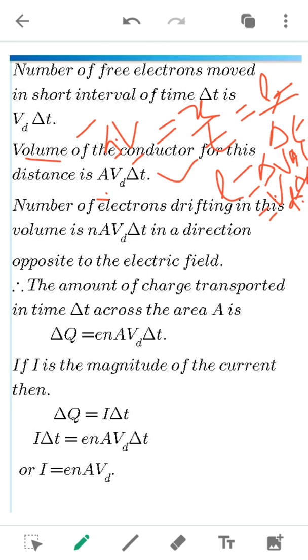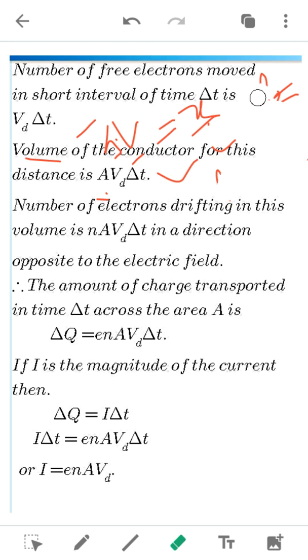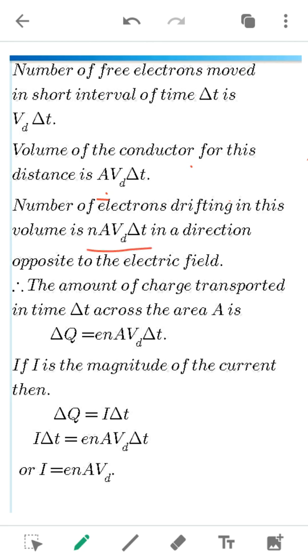Now that we have the volume of the conductor, let us see how many charges will be moving in this volume. When we multiply the volume with n, we will get the number of free electrons drifting in the volume, so n A Vd delta t.